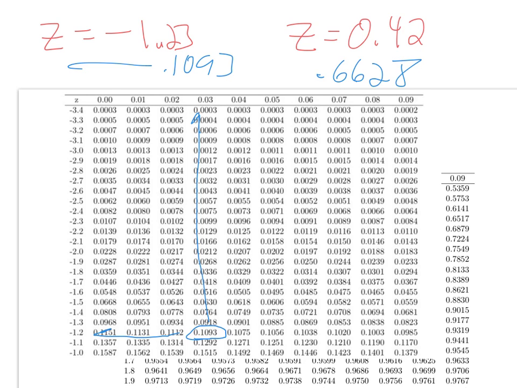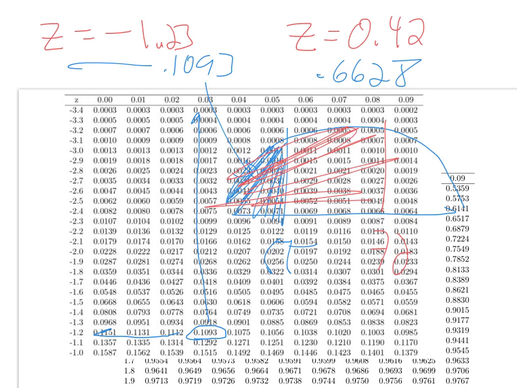Now this is the area. This area is the one with the 55,000, and here's the 72,000, and that's the 0.6628. So I need to subtract those.